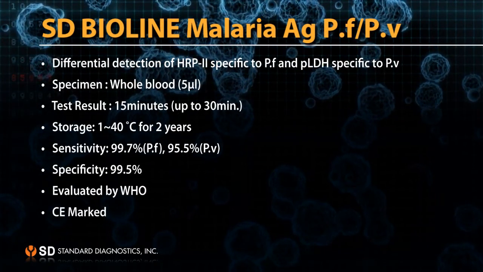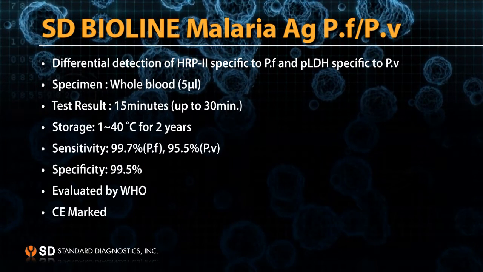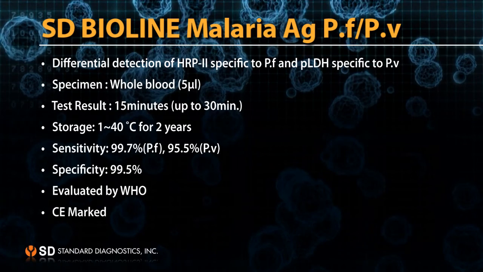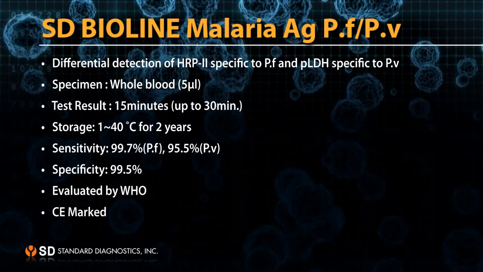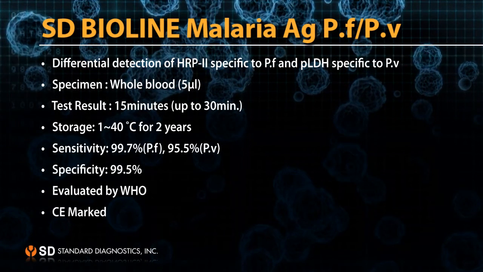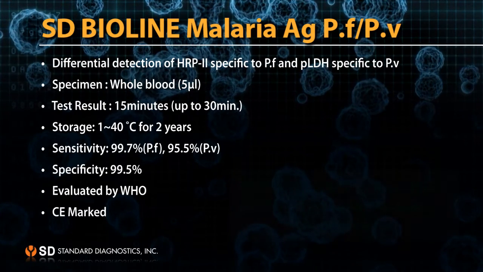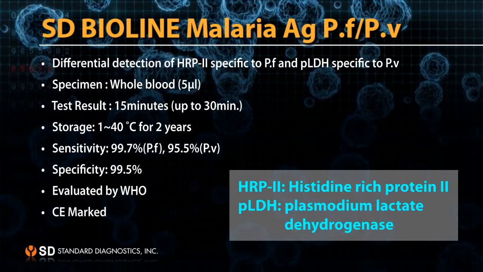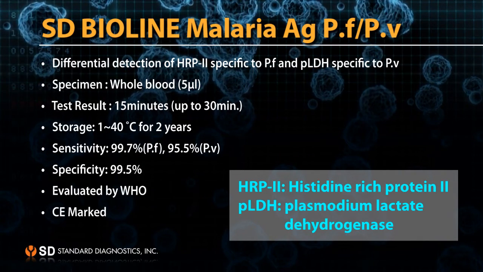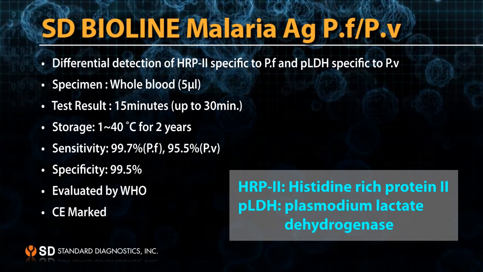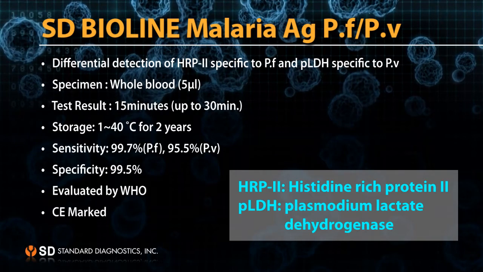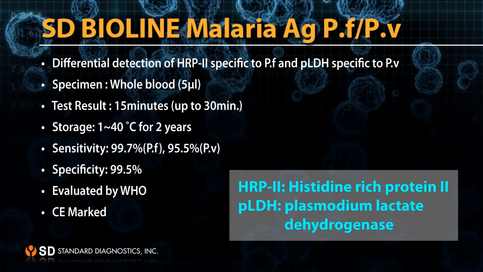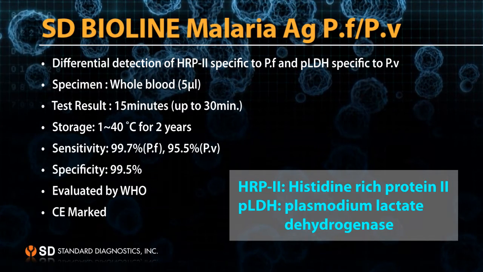It is for differential detection of HRP-II specific to Plasmodium falciparum and pLDH specific to Plasmodium vivax. HRP-II stands for histidine-rich protein 2. It is a unique protein released by Plasmodium falciparum. Also, pLDH, Plasmodium lactate dehydrogenase, is an enzyme produced by malaria species in common.